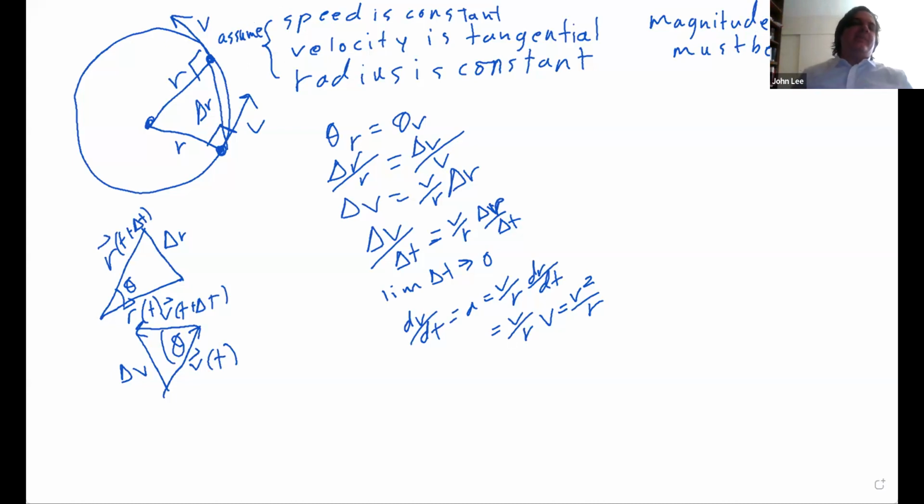We are making these assumptions on the left, not the assumption that acceleration is v squared over r.